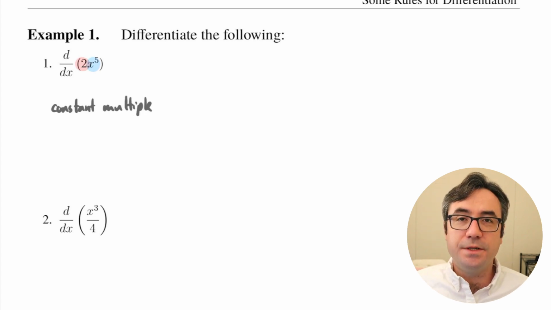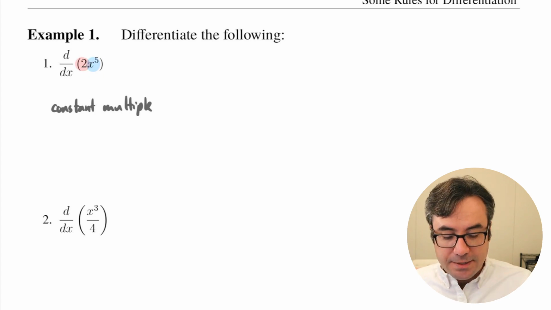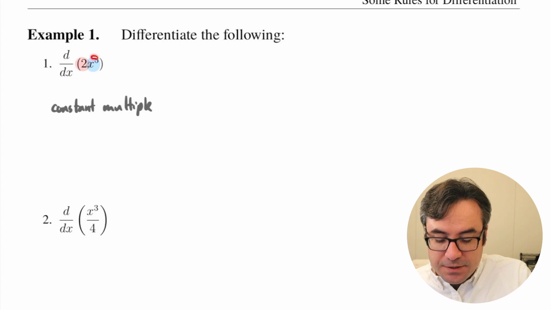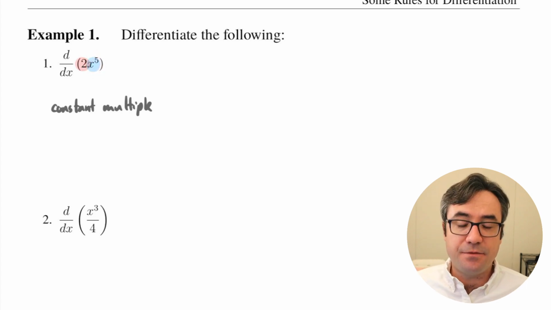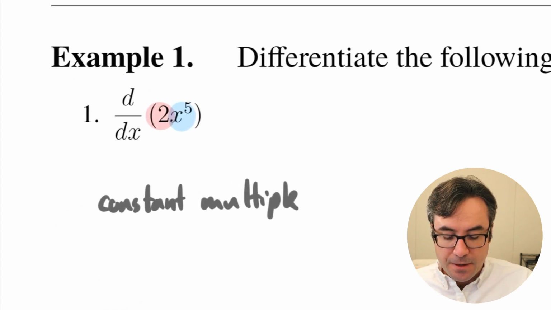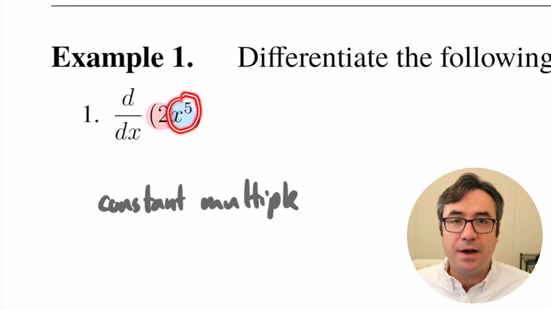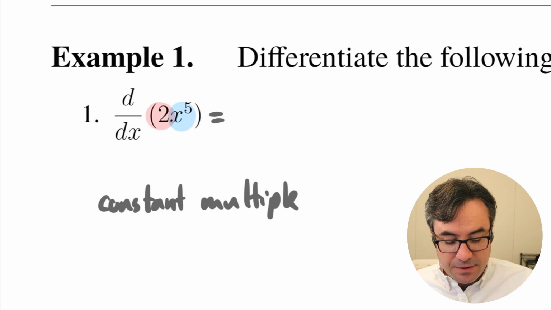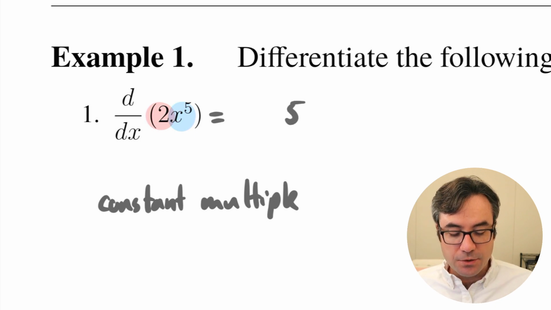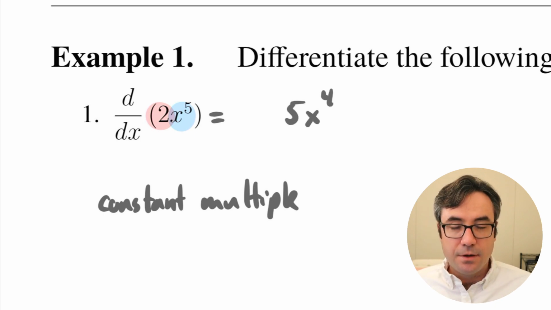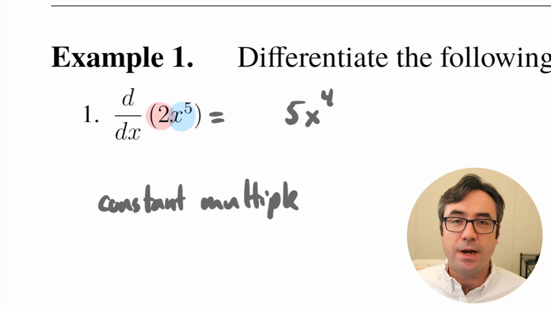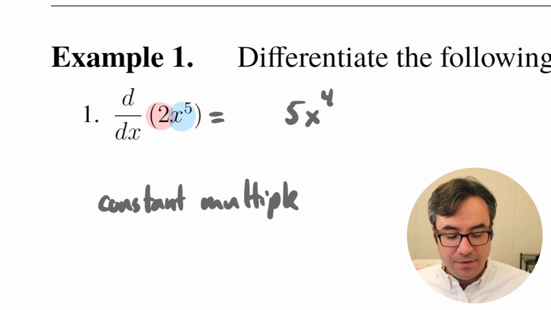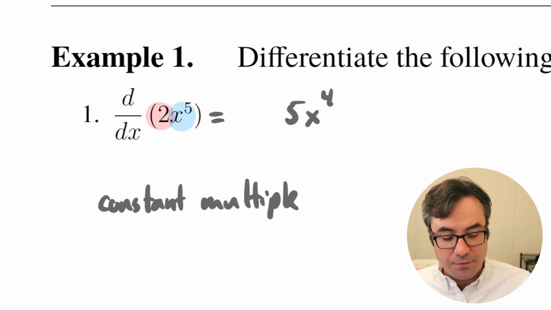All right, so what does that constant multiple rule actually tell us? Well, it tells us we can focus in on differentiating that variable part. So this x raised to the power 5, let's just get the derivative of that. So I'm going to differentiate that just like normal. I'll bring the 5 down, keep x, subtract 1 from the exponent. So I get 5 times x raised to the power 4.